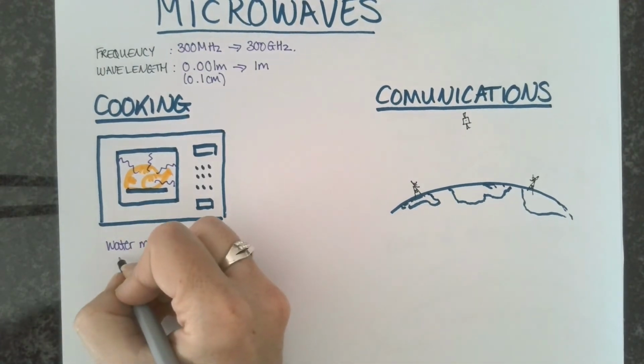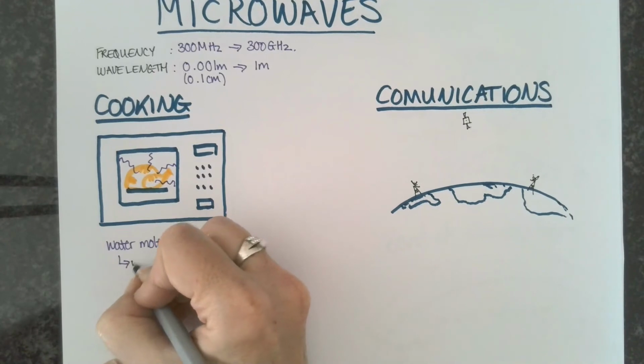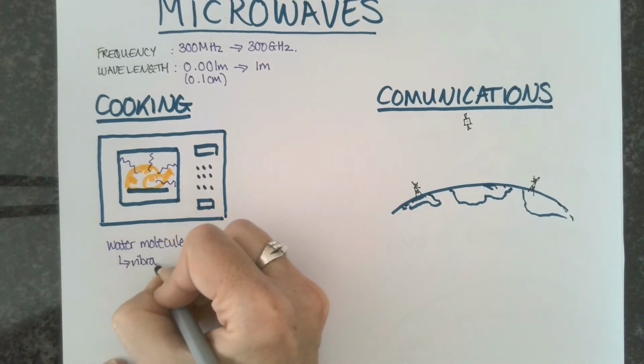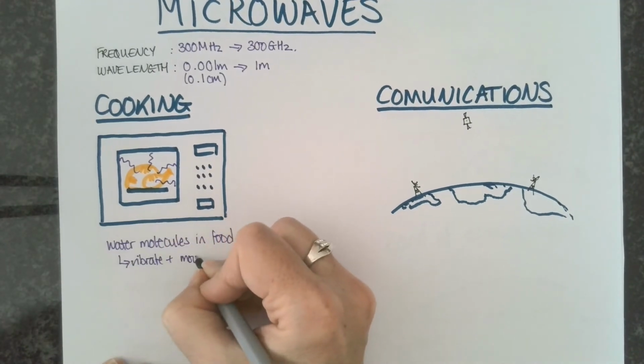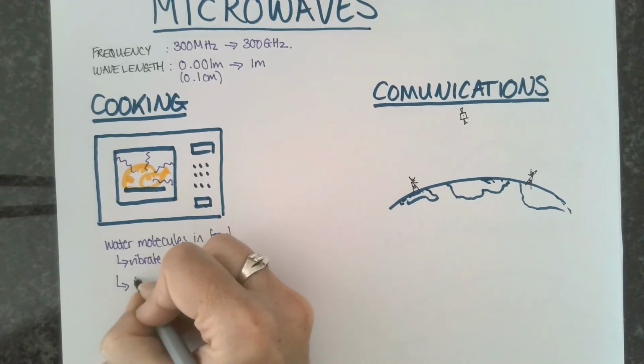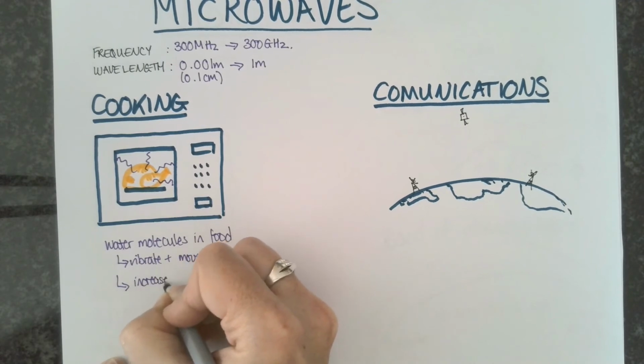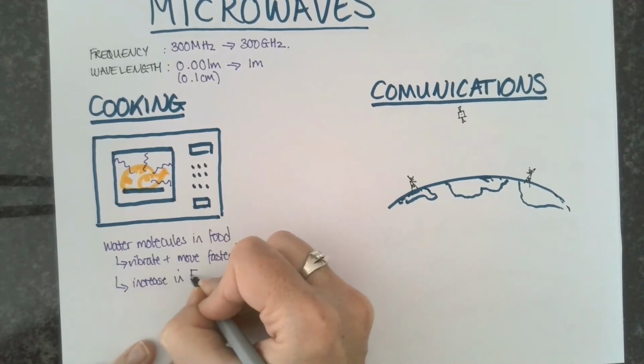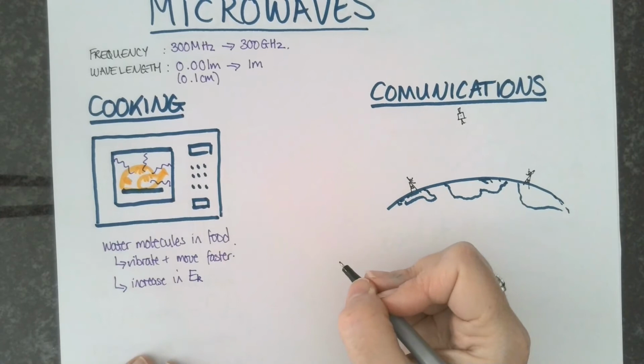They vibrate and move faster. They have an increase in kinetic energy, and I'm going to write EK for kinetic energy.